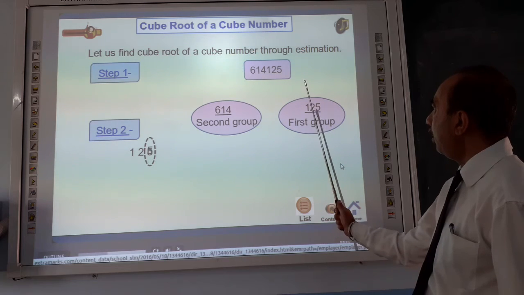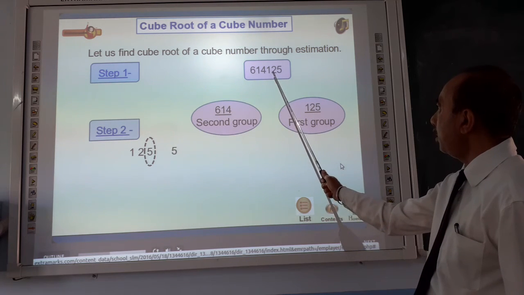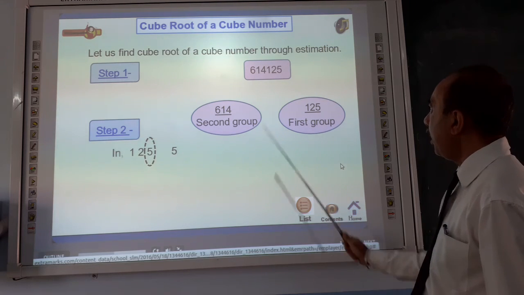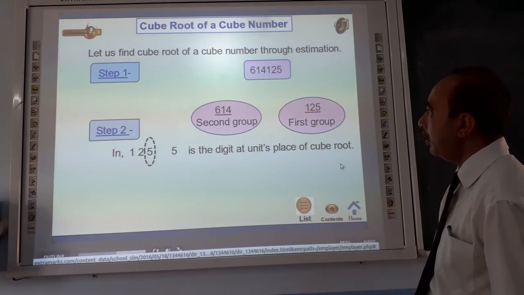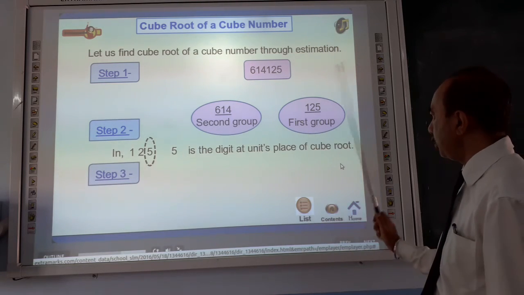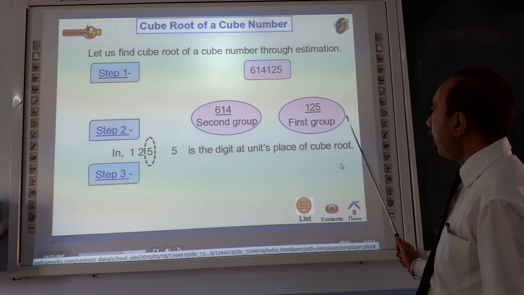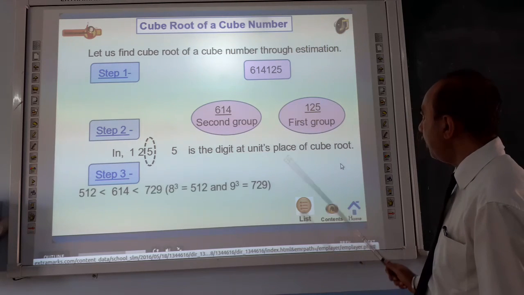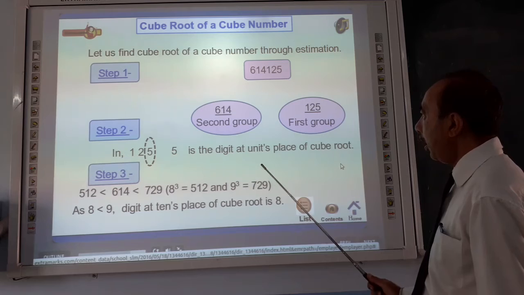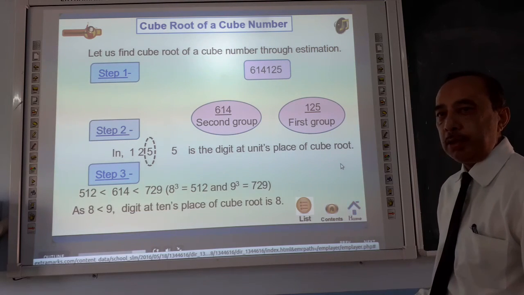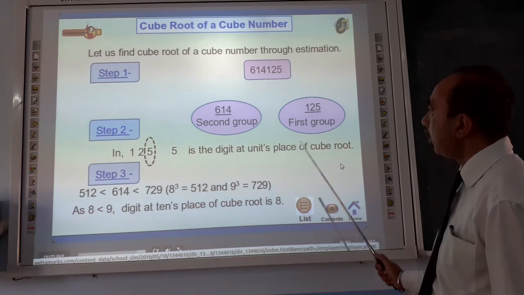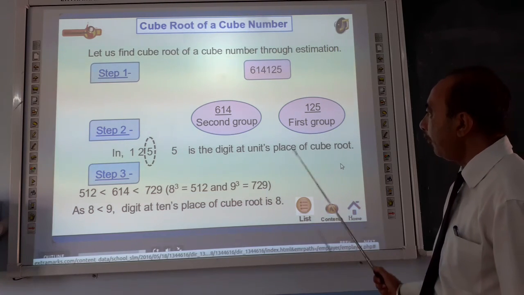We first take the last 3 digits, that will form the first group, and the remaining digits will form the second group. For 125, the last digit is 5, and its cube root also will have last digit 5. So the unit place digit of the cube root of the number will be 5.